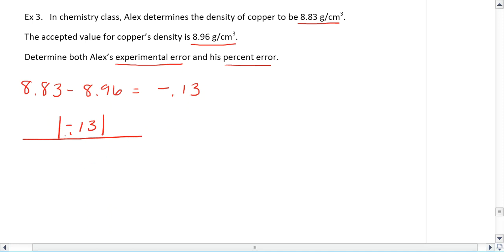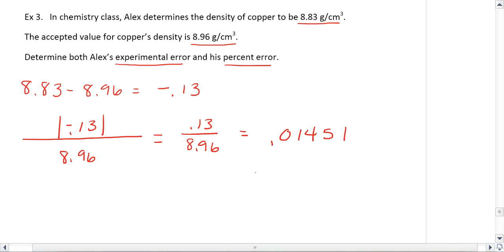Well, we know the density of copper is 8.96. So again, with the absolute value, we ignore that negative sign. So I just ignore it. And then when we divide this, we get an answer of 0.01451.